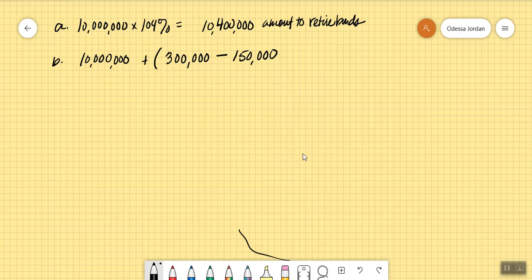And remember, this is coming from, since the call takes place after 10 years of a 20-year period, 50% or $150,000 of the $300,000 premium has been amortized. So that's where that comes from. And so when we do that, we end up getting 10,150,000.